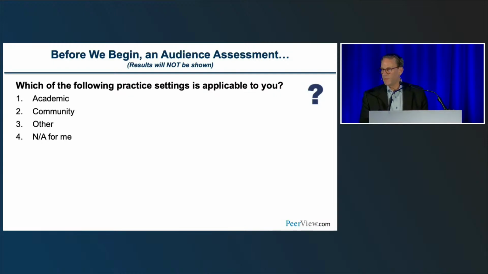And then a few people in the U.S. on dabigatran, but if you decide to practice in Germany or Japan, you might see some more, but not so much in the U.S. And what setting do you practice in? Academic, community, other?